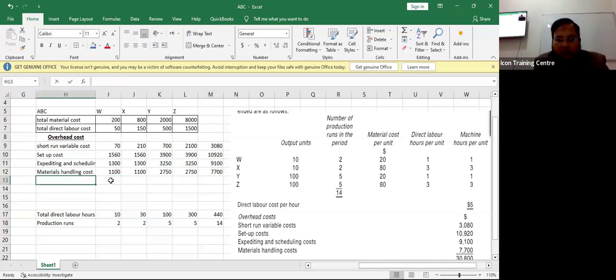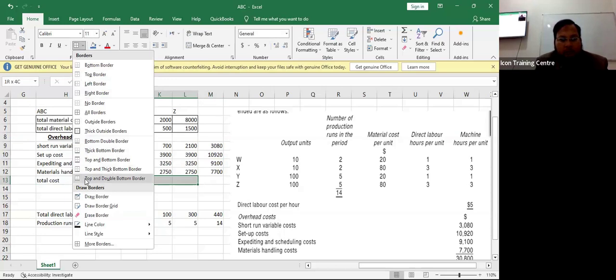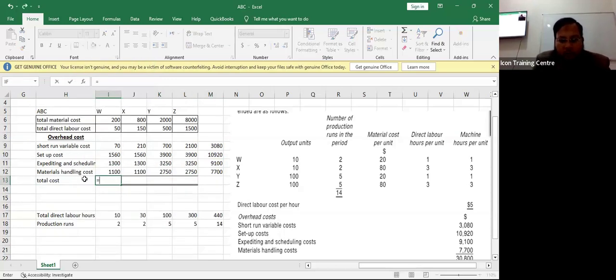So the total cost will be the sum of these.